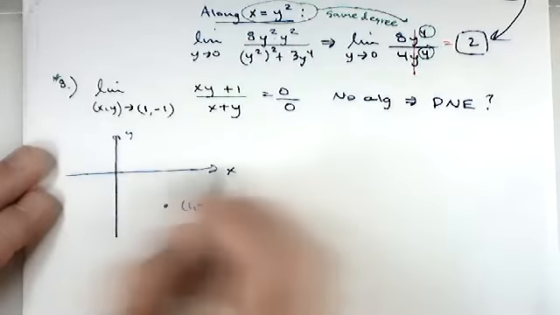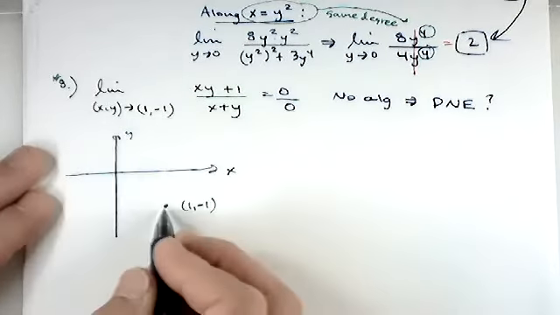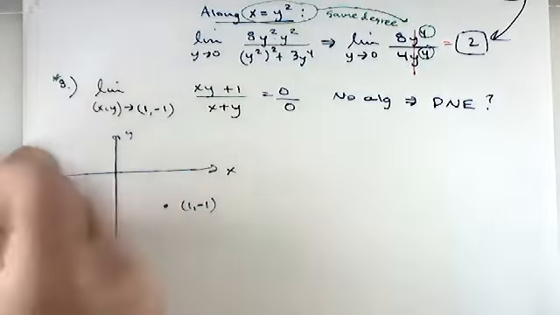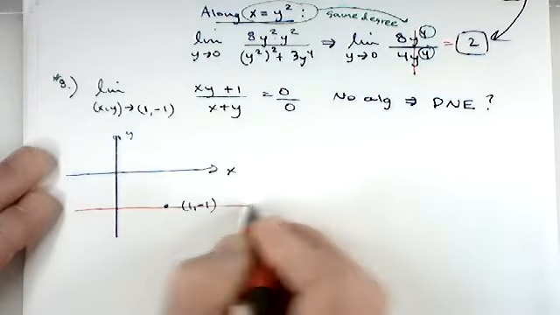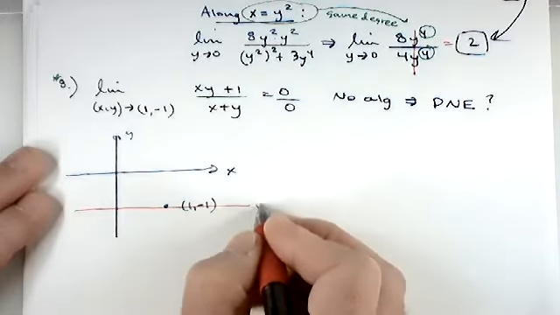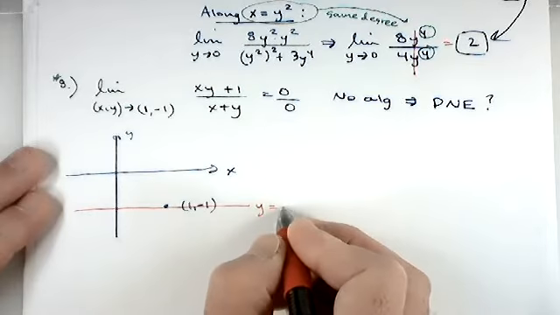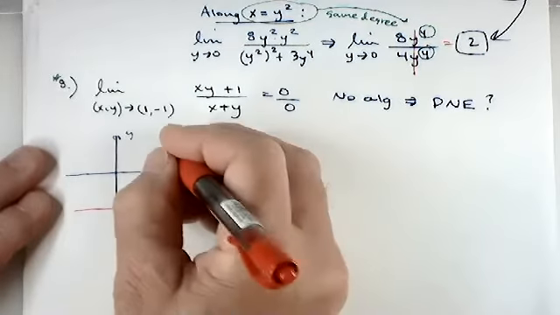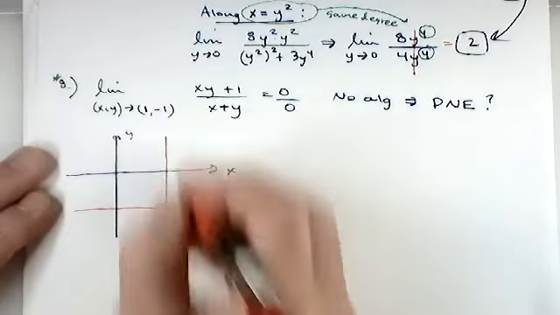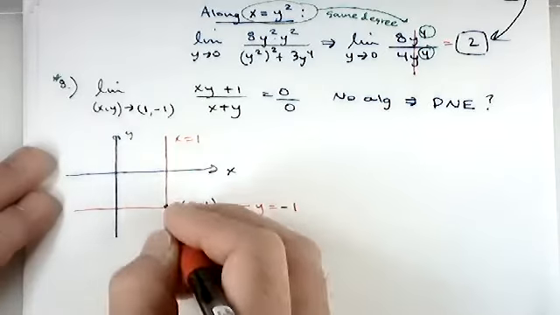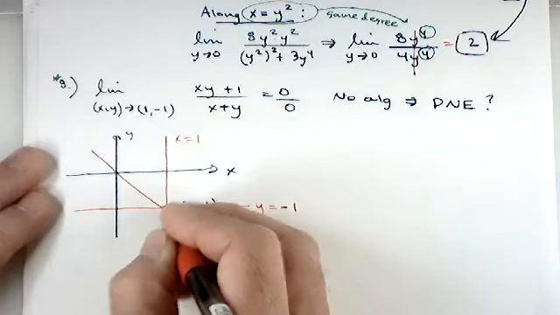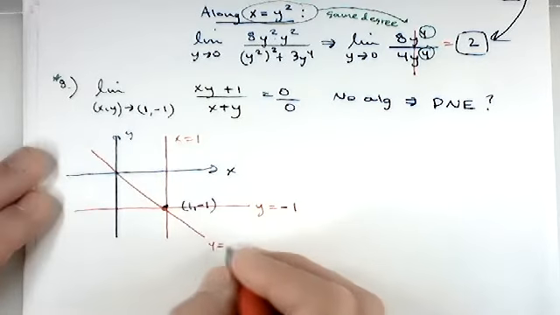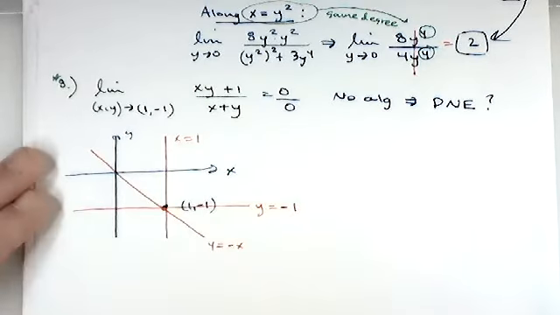I can't choose y equals 0 or x equals 0 because those don't pass through my point. What I can choose, kind of the equivalent, this line right here would be y equals -1, x equals 1. If I need more, I could use this line, couldn't I? This line right here would be like y equals -x. That goes through that point. So there's options.